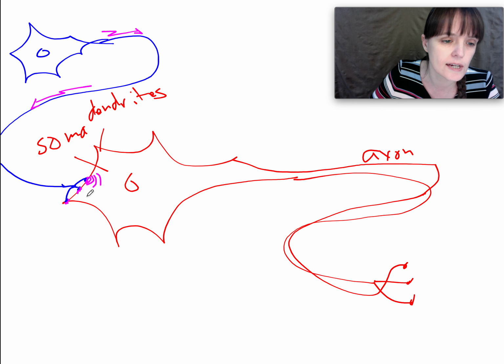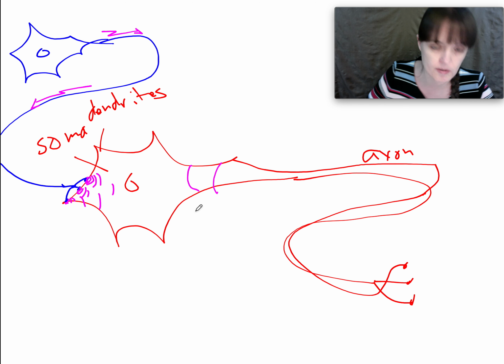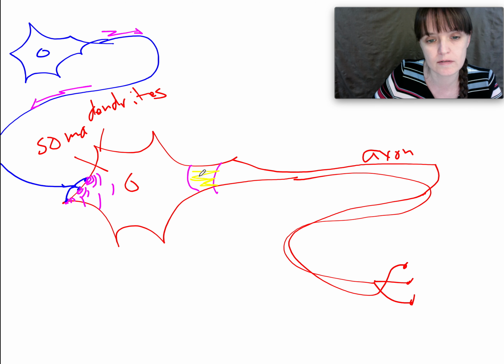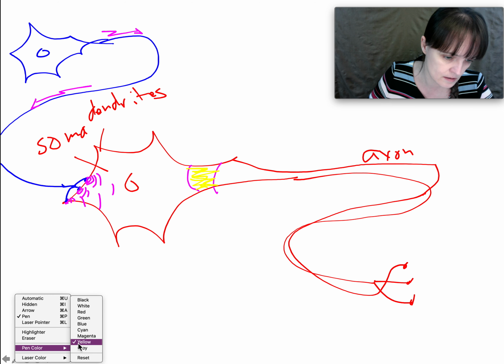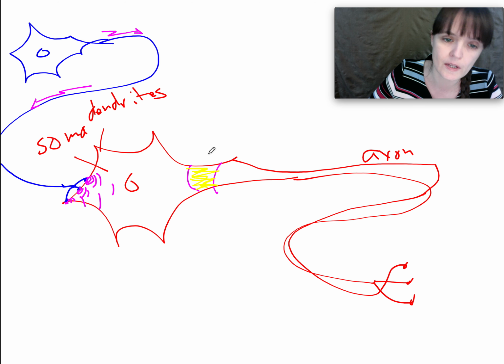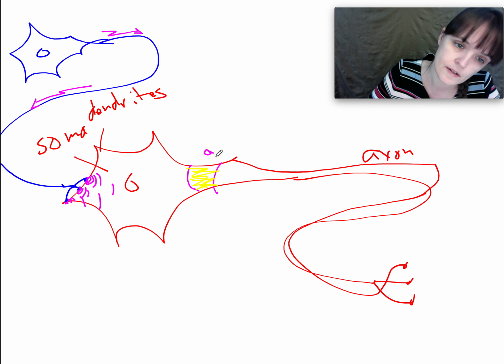Okay, so at the axon hillock, which on the model was orange, I don't have orange. Axon hillock.